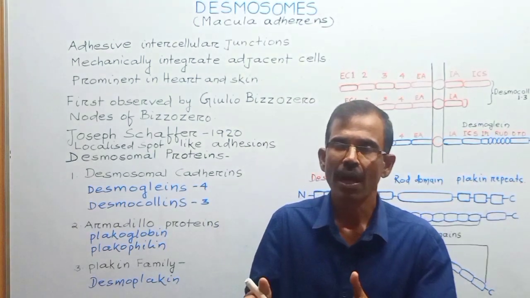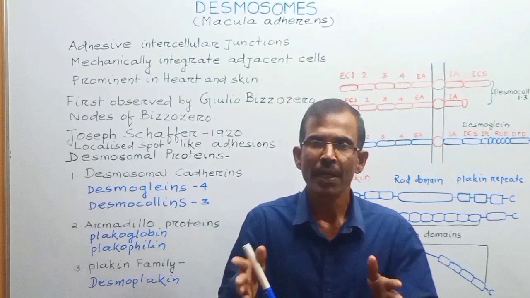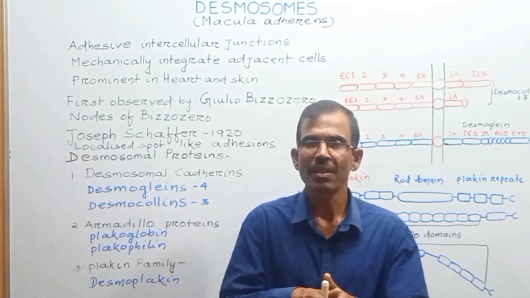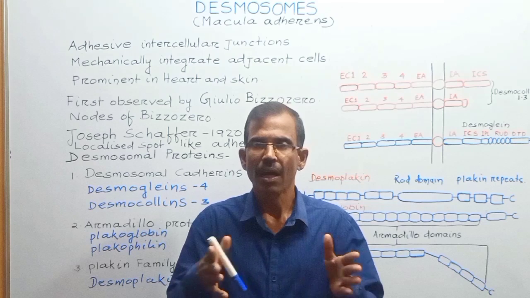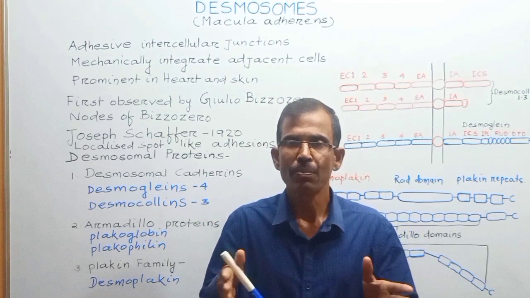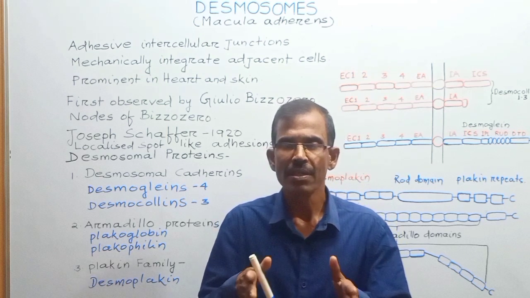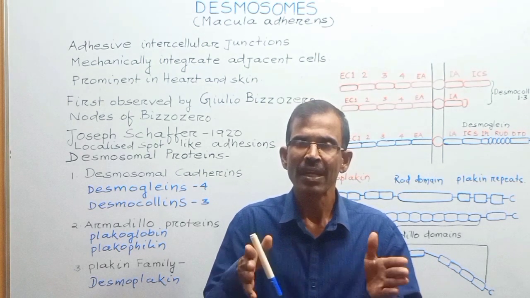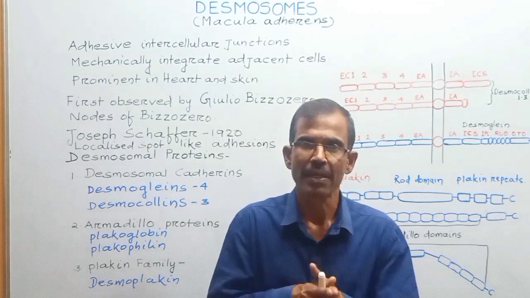They are specialized and highly ordered membrane domains prominently found in tissues that are routinely subjected to intense mechanical stress, such as cardiac muscle tissue, bladder tissue, gastric mucosa and epithelia. The overall adhesive function of the desmosome is dependent upon tethering of intermediate filaments to the desmosomal plaque.